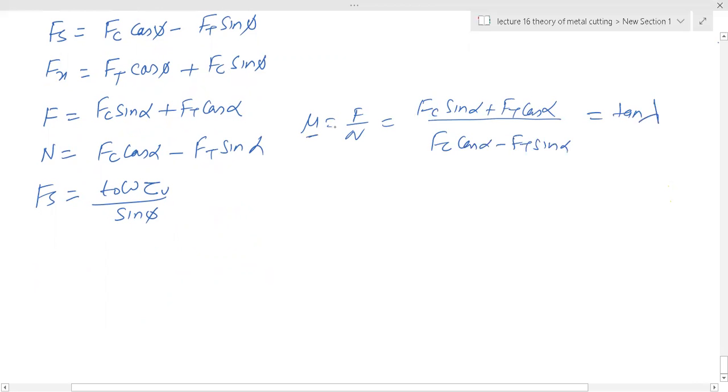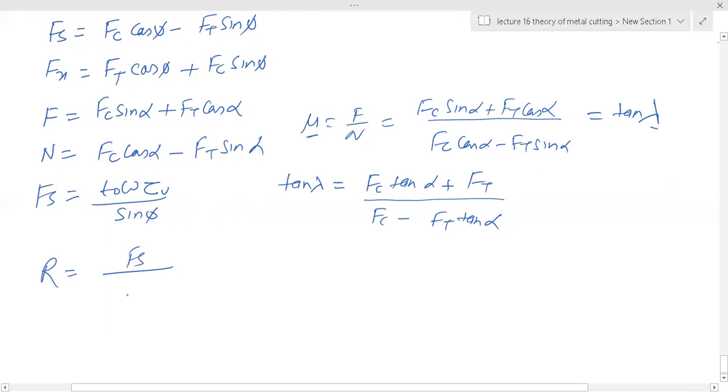So this is the coefficient of friction between chip and rake surface of the tool, and this is your friction angle. And you can also write tan lambda is equal to Fc tan alpha plus Ft divided by Fc minus Ft tan alpha. We also derived R is equal to Fs divided by cos phi plus lambda minus alpha.